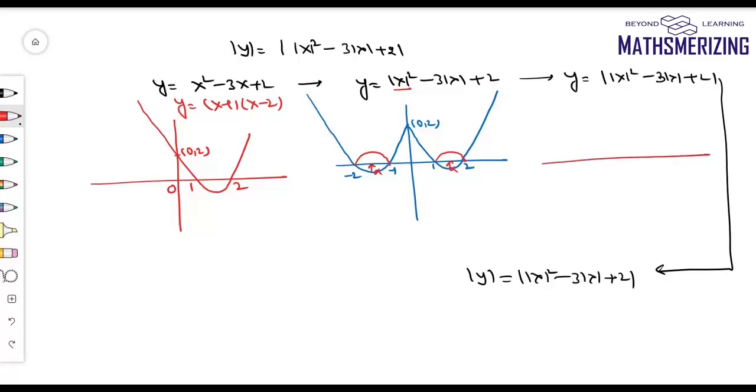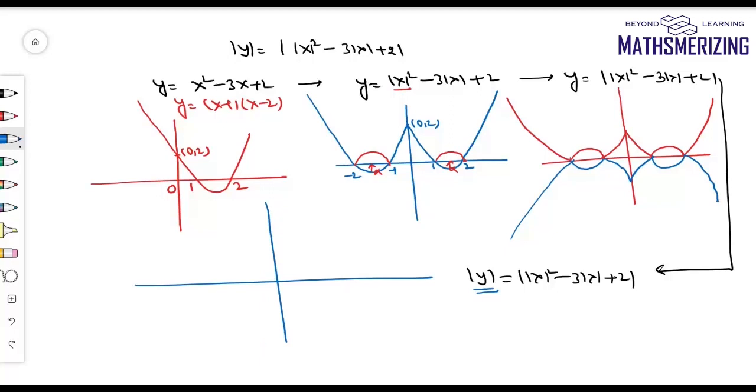So I'll get this graph as, and now the next step, mod y. So basically this graph will look like. So that's the graph of mod y equals mod of x square minus 3 mod x plus 2.